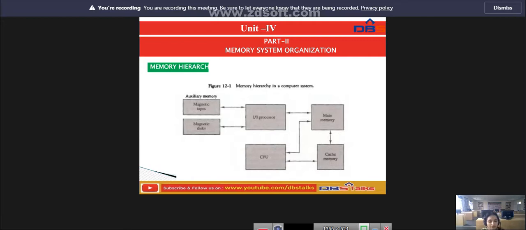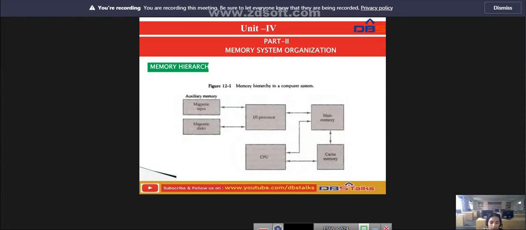Other information is stored in auxiliary memory and transferred to the main memory when needed. The main memory occupies a central position by being able to communicate directly with the CPU and with auxiliary memory devices through the input-output processor.